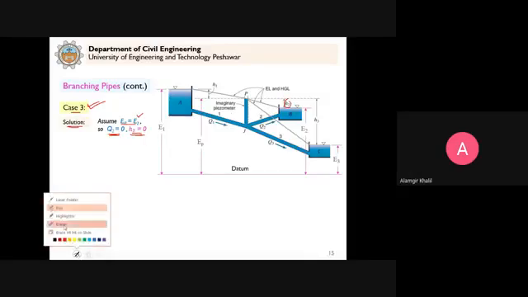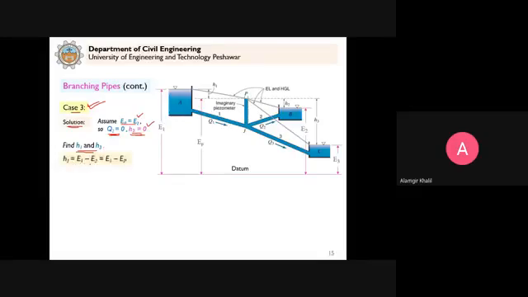Then what we have to do is calculate H1 and H3. H2 is 0, so we calculate only H1 and H3.